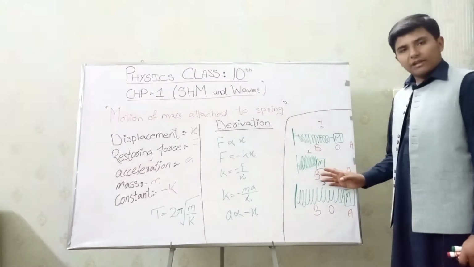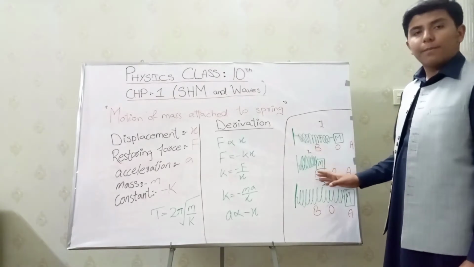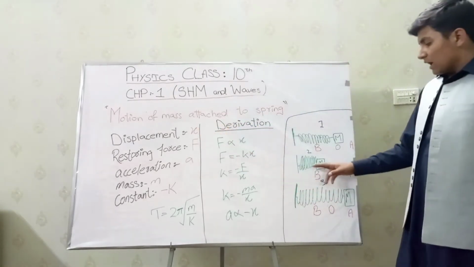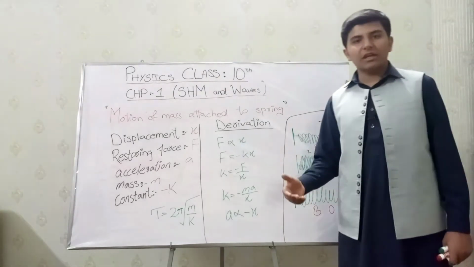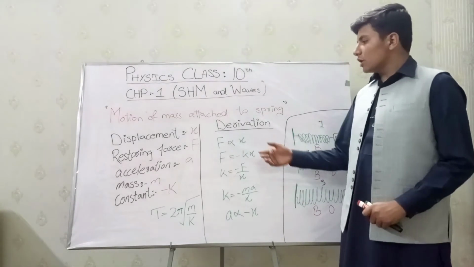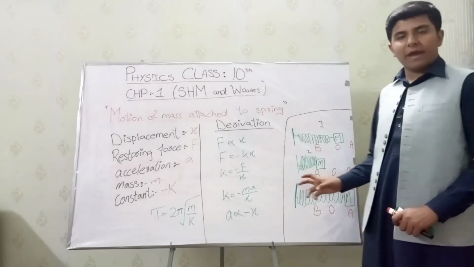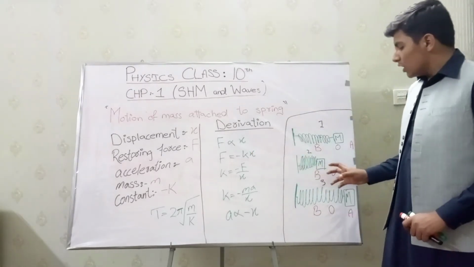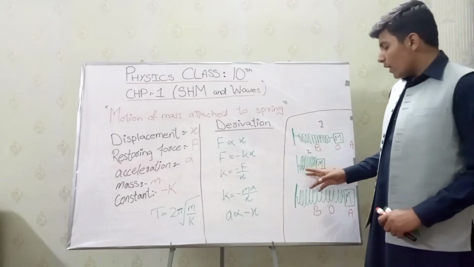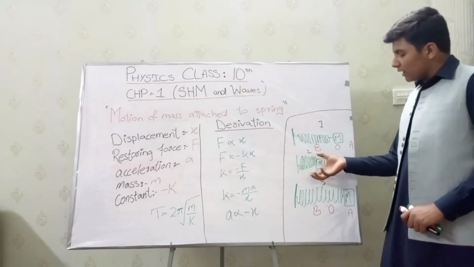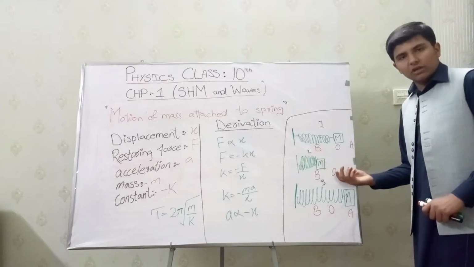So here the displacement X will be produced. When compression is produced, the spring will have to come back to its original form, so a restoring force is produced in the spring, which will push the mass back to its original position.